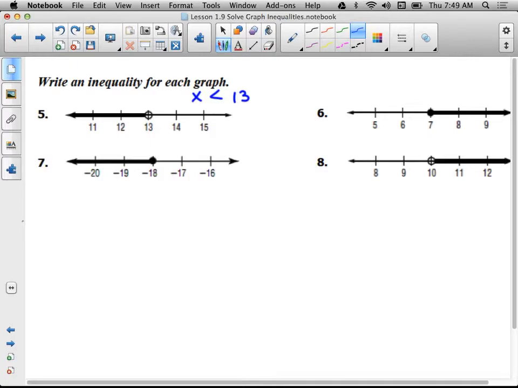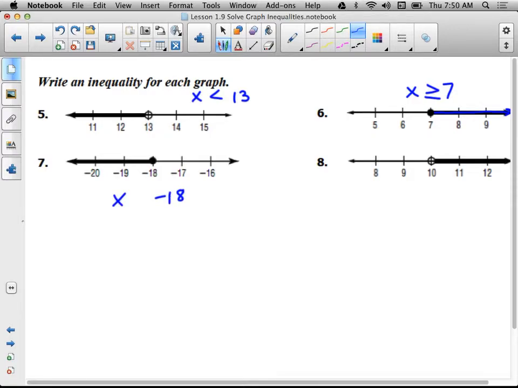All right, let's look at number 6. I see the boundary point is 7. I'm looking at numbers greater than 7 because I'm on the greater than side, and it's a filled-in circle, so I'm going to go greater than or equal to, closed circle. Number 7. The boundary point is at -18.